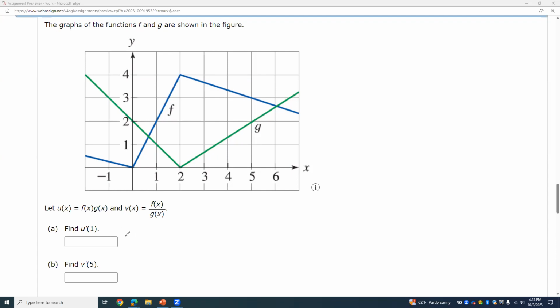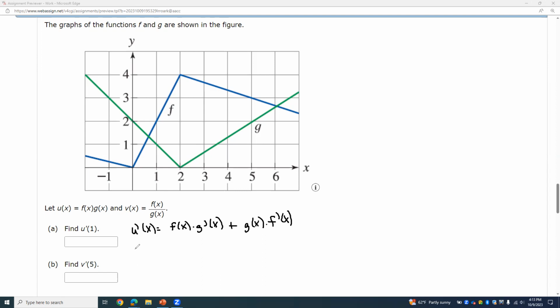Up top, it says again, u of x is f of x times g of x. So let's think. To find the derivative of u, we would need f of x times the derivative of g at x plus g of x times the derivative of f of x.